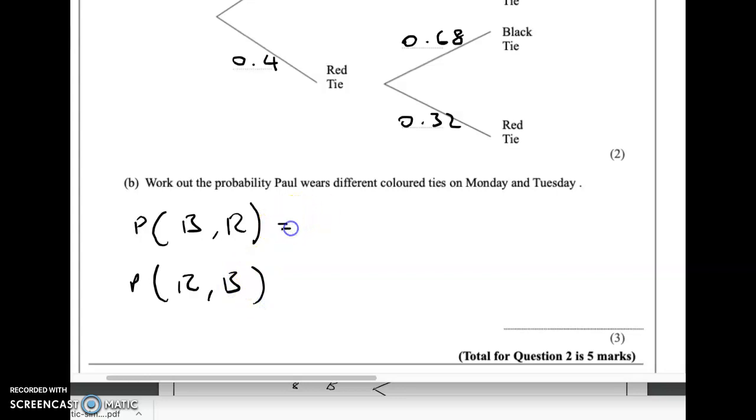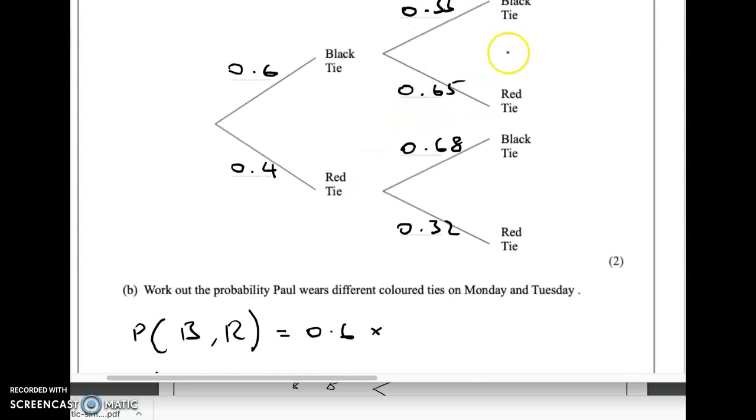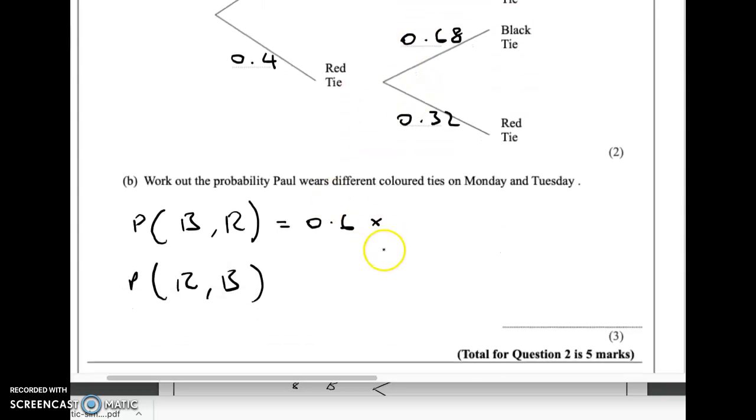So black then red is going to be 0.6 times 0.65, and red then black is going to be 0.4 times 0.68.